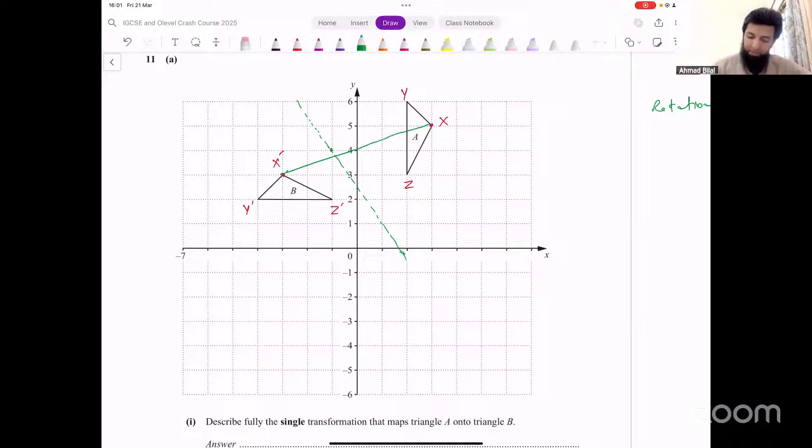Perpendicular bisector of x and x prime, that's the midpoint. It has to pass through here, and that is going to look like this. Perpendicular bisector of x and x prime, that will go like this. This is where they intersect. You can draw perpendicular bisector of z and z prime as well.